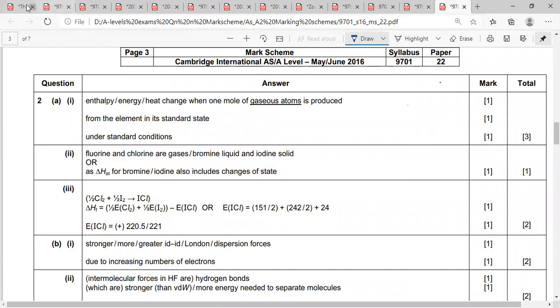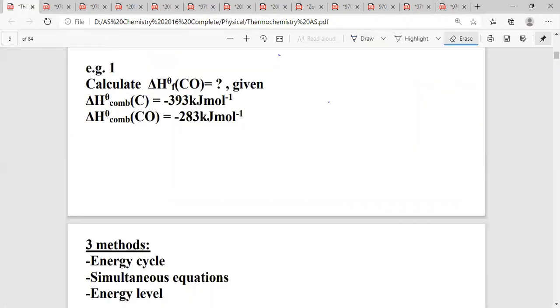Later. Okay. Now here, the question is calculate the heat of formation of carbon monoxide, which is right halfway, given the heat of combustion of carbon. Combustion means complete, giving carbon dioxide, and the combustion of carbon monoxide.